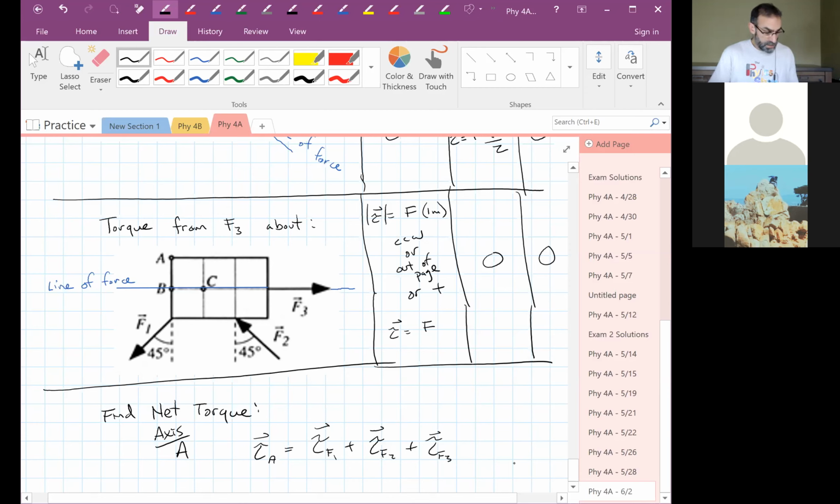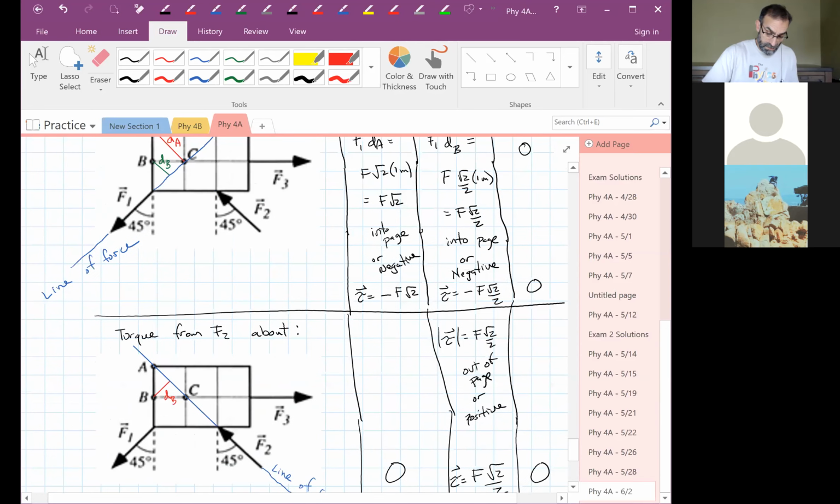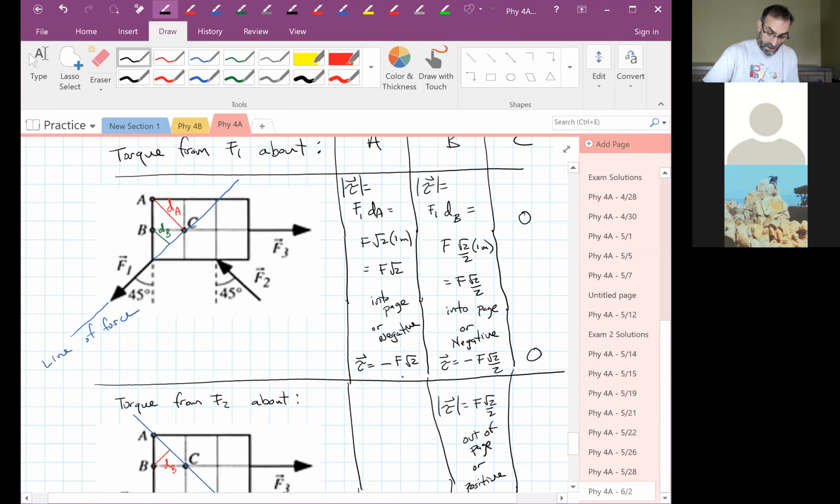And we said, what did we say? Out of the page was positive, right? So we got a negative. Let me just check here. Yeah, negative F root 2.